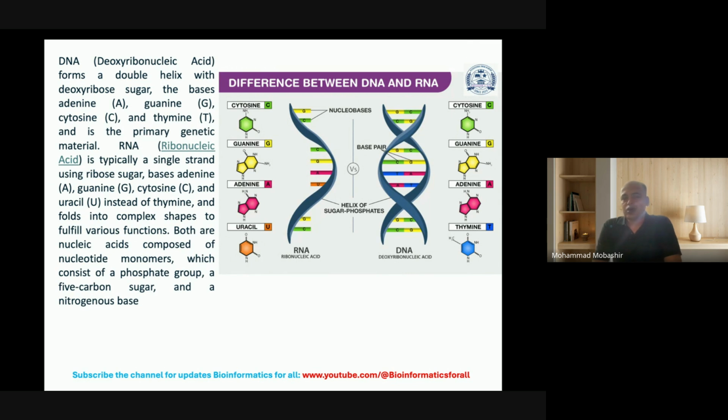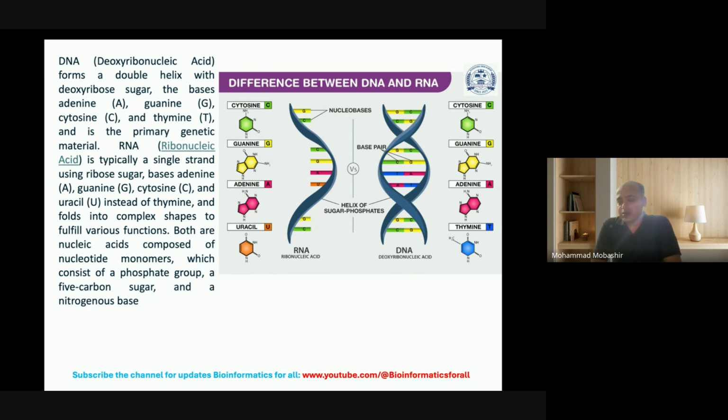Then here you also could see in DNA the bases and the pairings, while you cannot see this in the RNA case. And you can see a few terms, for example, nucleobases, that is cytosine, guanine, adenine, and then uracil or thymine. While here you can see another term, that is base pair, that means adenine binds with thymine and cytosine with guanine.